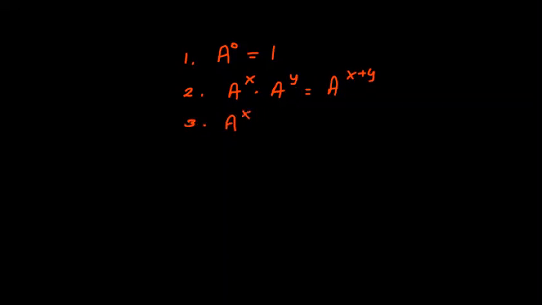If we divide a to the x divided by a to the y, notice same base, a is the base, okay? We're going to subtract these powers. And there are a couple more laws that we have in our books that we will cover in our next video if you're interested.